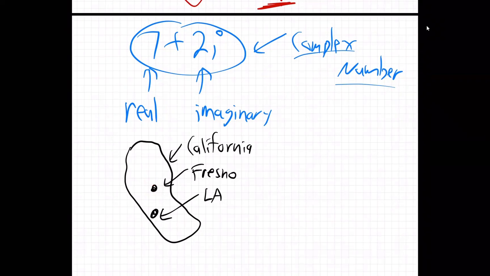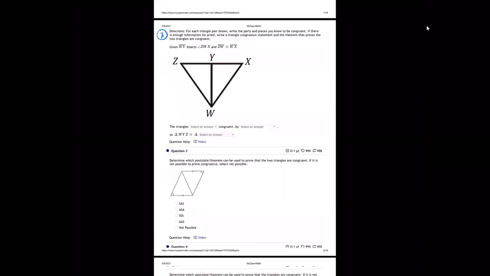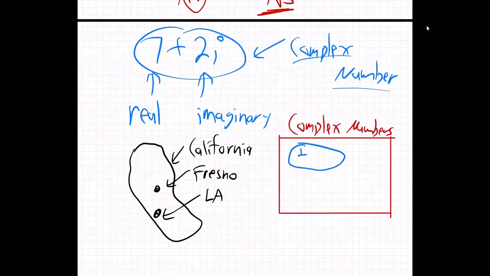Not the state, but here's what I'm talking about. If you think about the world of complex numbers, within the complex numbers, we can have real numbers. Let me make that bigger.